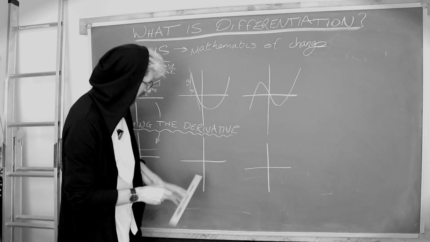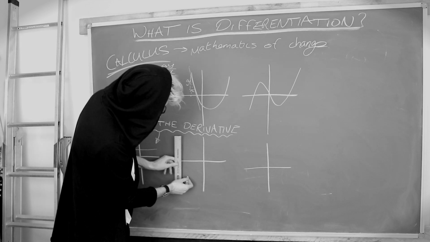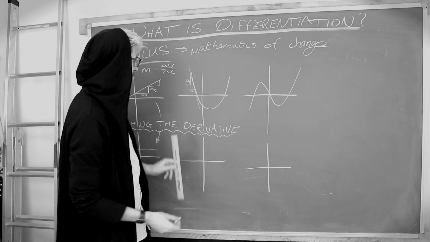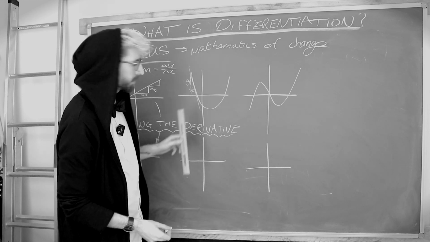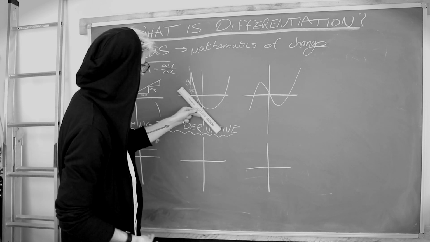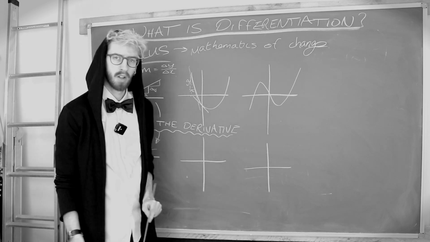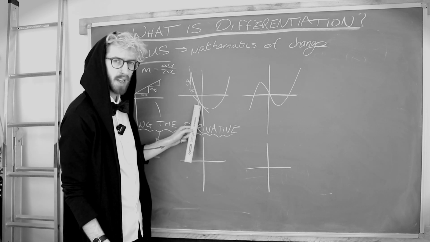Okay, so at this value of x, let's put it there, it's negative. How about here? We'll look at this point here. If I do the tangent there, at that value of x, it's still negative.